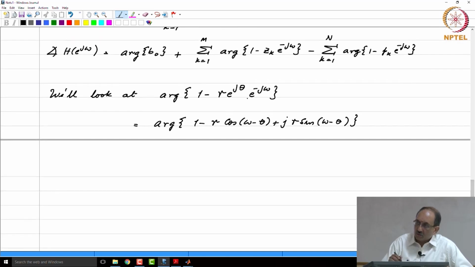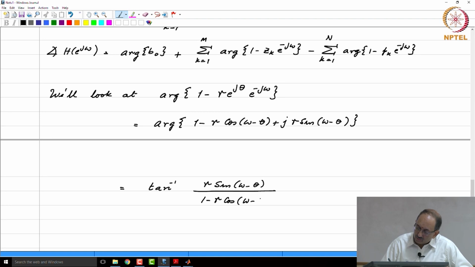All I have done is I have just multiplied this out and replaced e^{j} by cos plus j sin, and this is nothing but tan inverse of sin(ω − θ) divided by 1 − r cos(ω − θ), and this tan inverse is the 4 quadrant inverse tan.